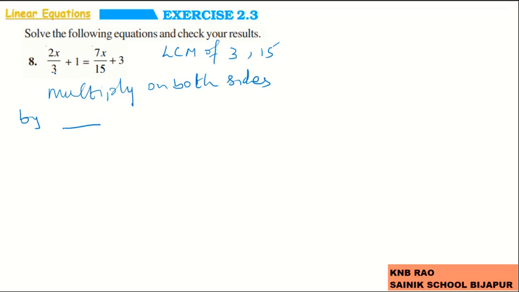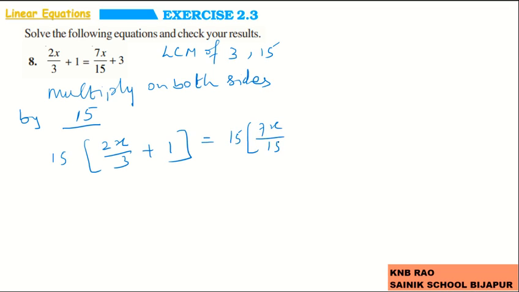Here the denominator is 3 in this fraction, here the denominator is 15 in this fraction. So the LCM of 3 and 15 is 15. By that number I will multiply. So 15 multiplied to 2x by 3 plus 1 on the left hand side, 15 into 7x by 15 plus 3 on the right hand side.